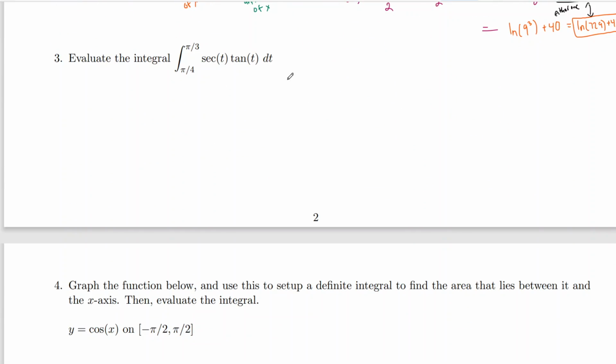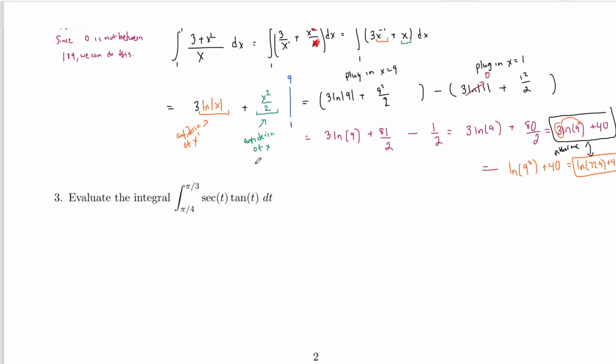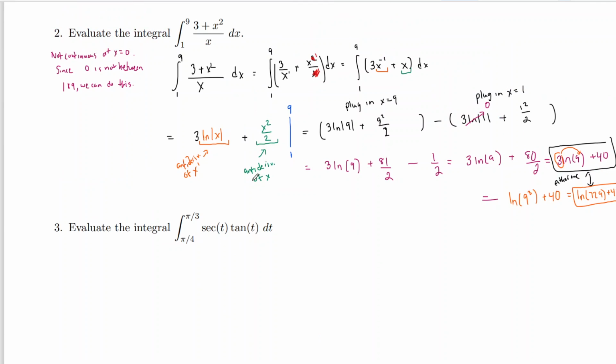All right, now number 3 here says evaluate the integral from pi over 4 to pi over 3 of secant of t times tangent of t. Now this is another one of those things where you'd have to be careful about the continuity part, and pretty much emphasize that at this point we don't know how to integrate if it's not continuous.